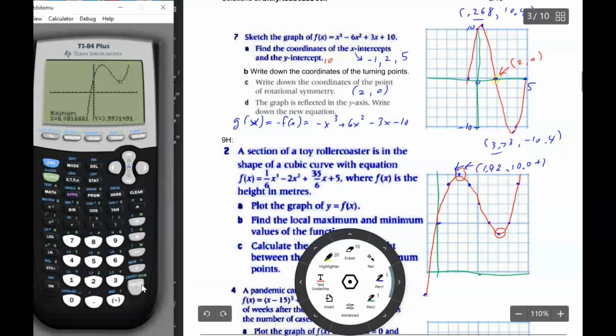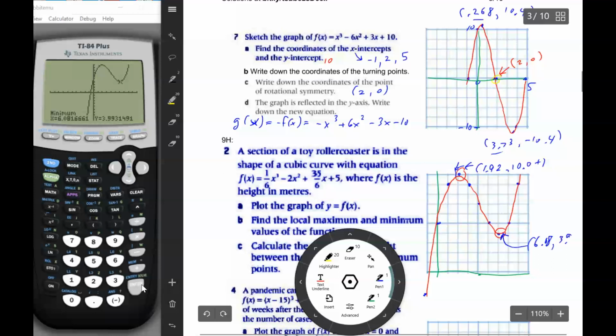So it would be 1, 2, 3, 4, 5, 6.08. So it would be right there, slightly to the right of that point. So it would be 6.08 comma 3.99.